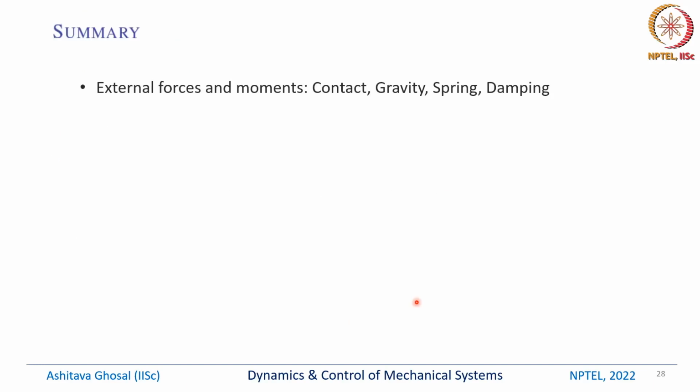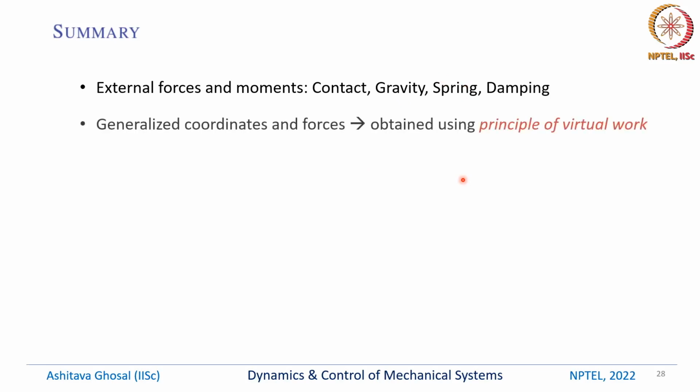So in summary, I have discussed external forces and moments. We looked at what contact forces are, we looked at gravity, we looked at the spring, k into x, and we looked at damping, which is like c x dot plus some constant and some term which is proportional to the velocity.